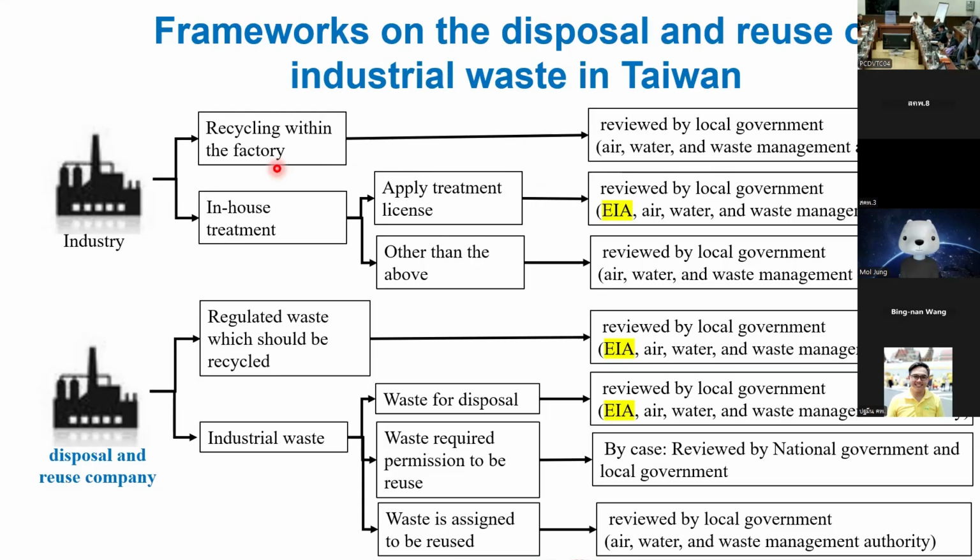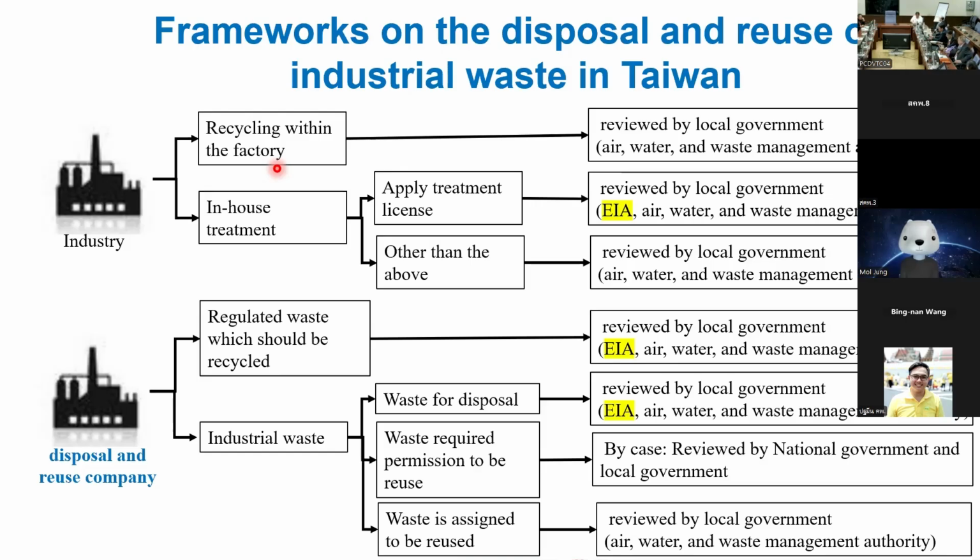And for reuse, there are different channels. For recycling within the factory, for all the in-house processing, this is reviewed by the local government, and the plan has to be reviewed by the Air, Water, and Waste Management Authority.